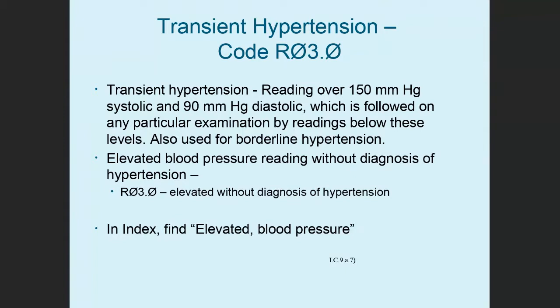The physician wants to record that the patient has high blood pressure at this time, but is not ready to state that it's confirmed hypertension. This is a way to make sure that it is monitored, okay? So the code for this is R03.0, and you find this in the index under elevated blood pressure.